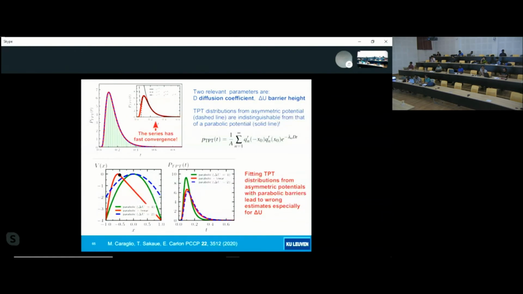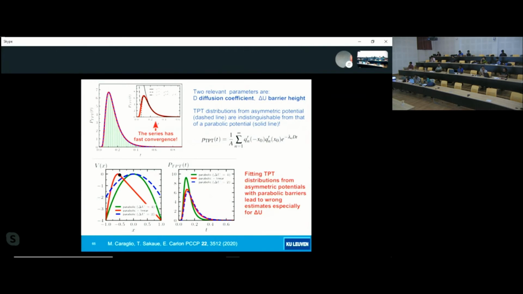On the right graph is the transition path time distribution for these three cases. You see that the red and dashed blue almost overlap in distribution. We could have made them overlap if we had tuned delta U a little more on the dashed one.